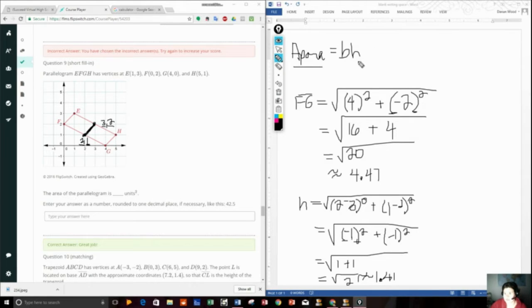So base times height. So our base's distance was 4.47 times 1.41, and I'm going to save the rounding to the end.